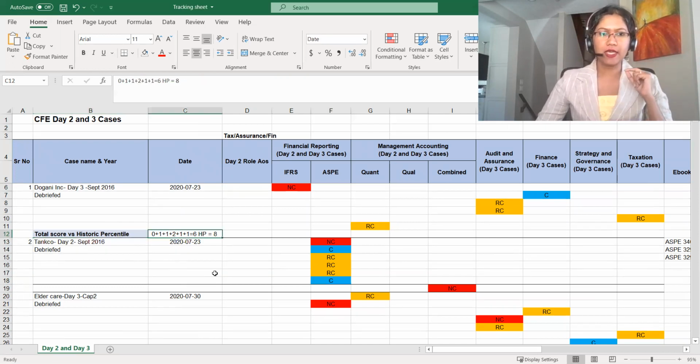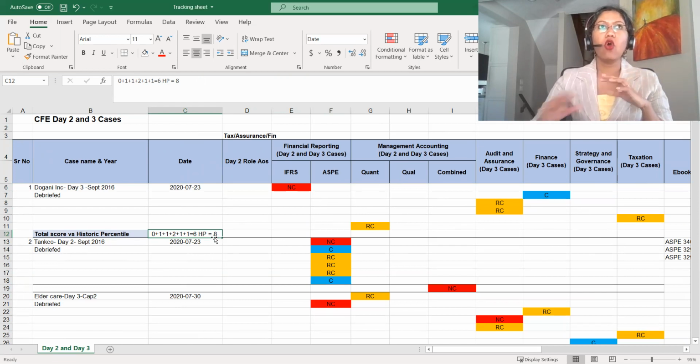Now see, for this case, suppose I have scored 6. There are 0 marks for NC. How you will calculate it? 0 marks for NC, RC will give you 1 mark, and C and CD will give you 2 marks. If you count all that, the score is 6. And now the historic percentile was in the range 8.